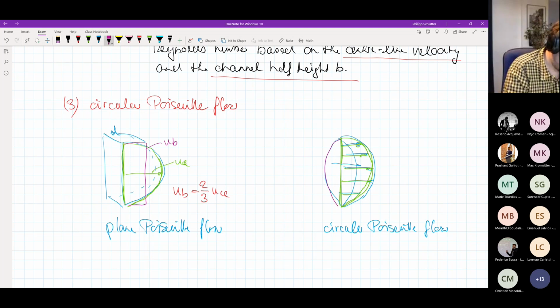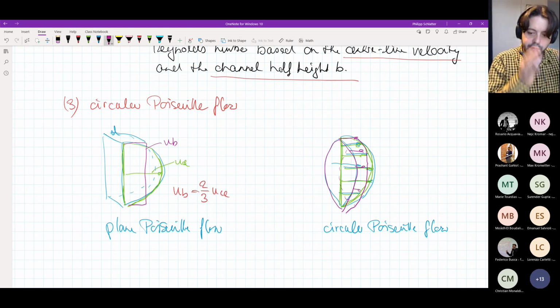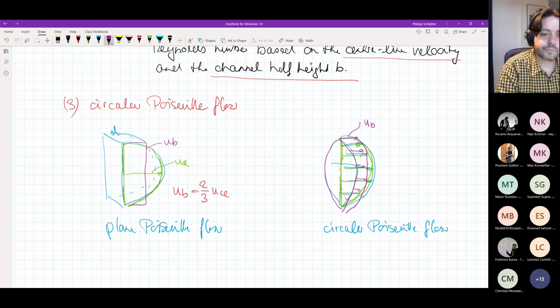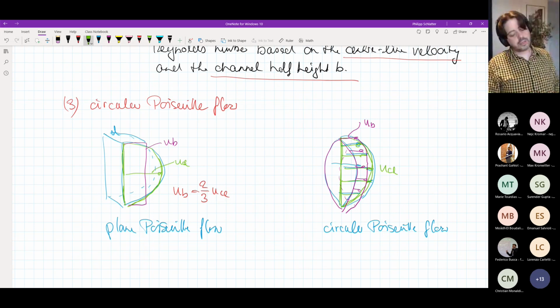It's a bit difficult to draw, but it's kind of a ring, a cut from a pipe that has everywhere the same size UB. Again, also here we have in the center UCL. Now the question is, what is the relation in pipe flow between UB and UCL?